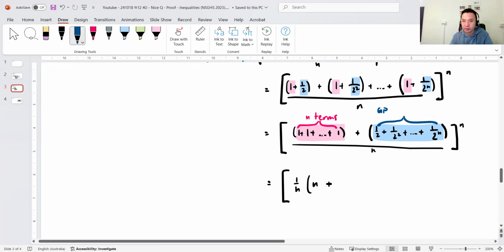That's a GP where a is a half, r is a half, and n is n. So it'd be a times 1 minus r to the power of n, and r is half, so 1 minus half to the power of n over 1 minus r.